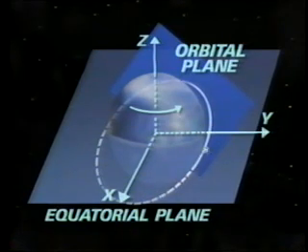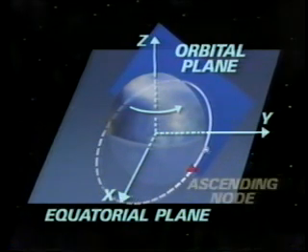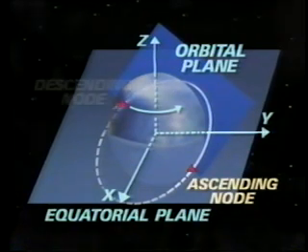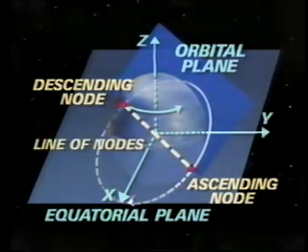Nodes are points in a satellite's orbit which intersect the Earth's equatorial plane. The ascending node is the point at which the spacecraft crosses the equator going from south to north. The descending node is where the spacecraft crosses the equator going from north to south. The line joining the two nodes is called the line of nodes.